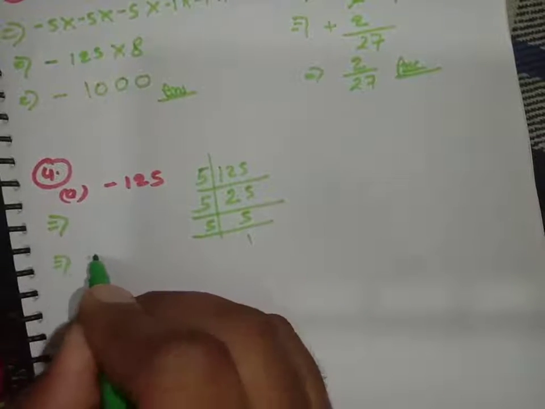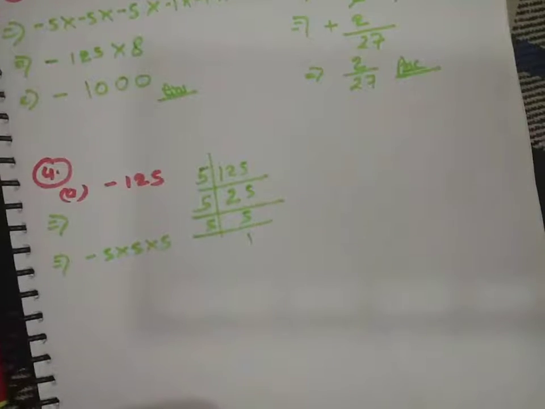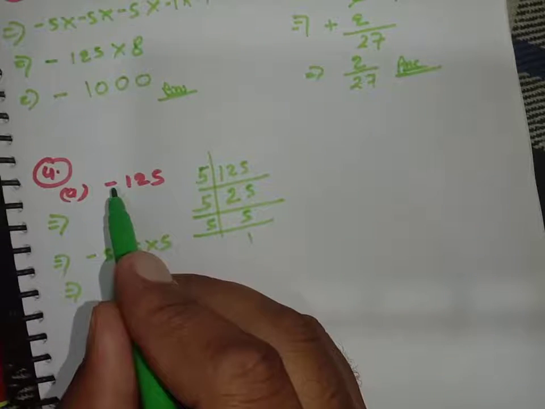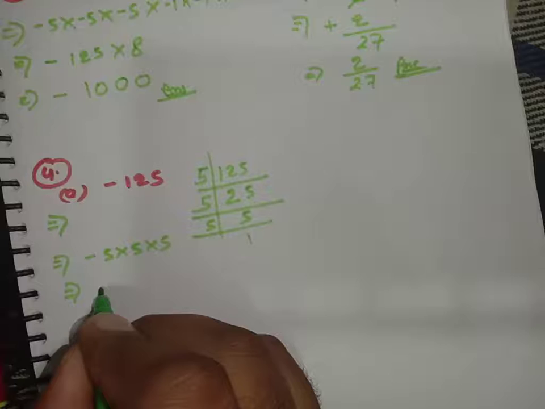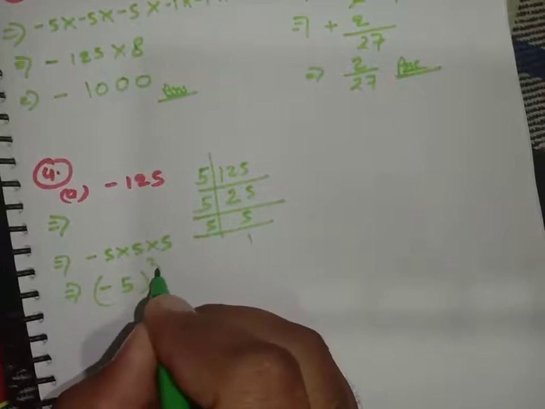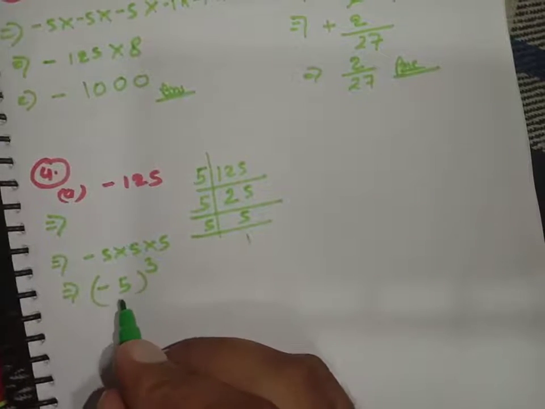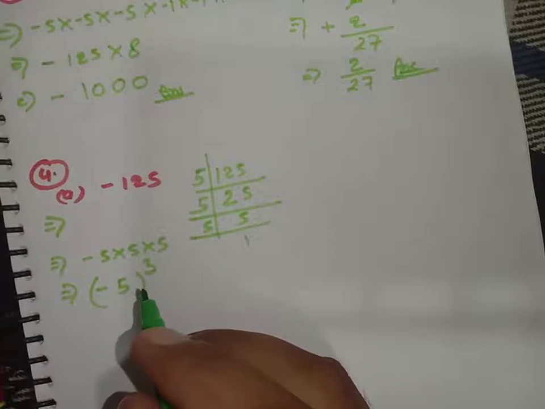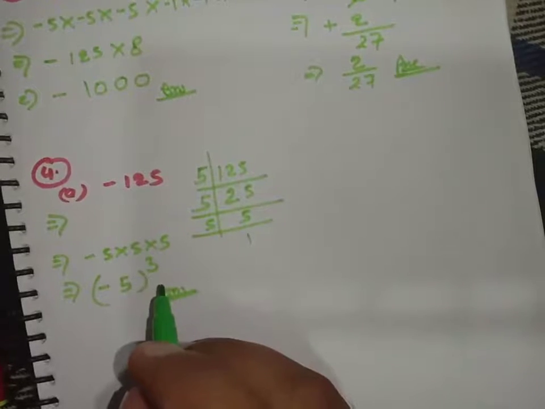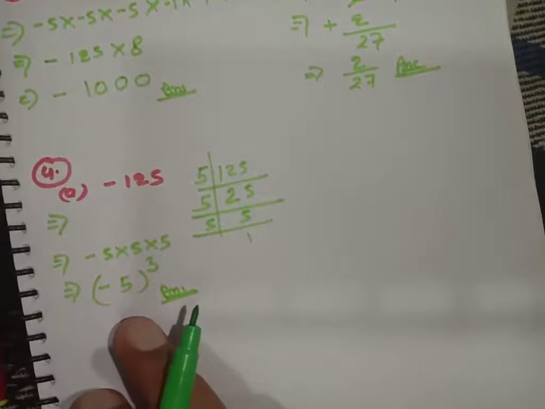So minus 5 into 5 into 5 is the answer. The number is negative, so minus 5, 1 2 3, is 3. Minus 5 whole to the power 3. This is the answer in power notation.